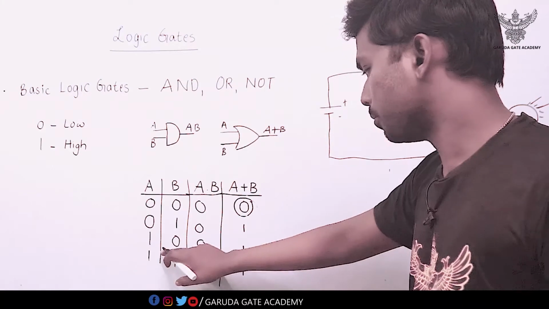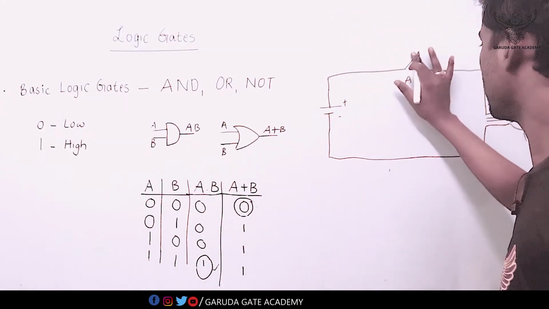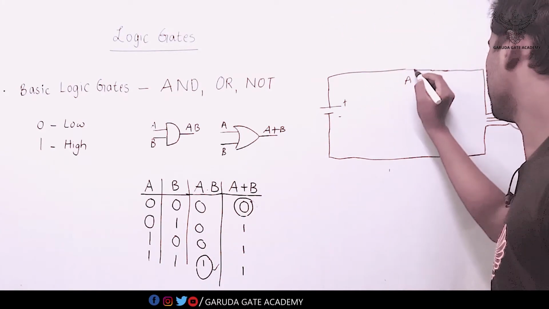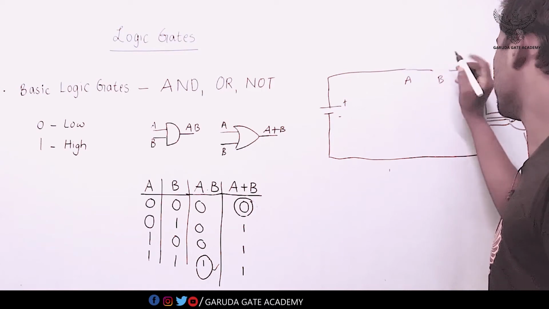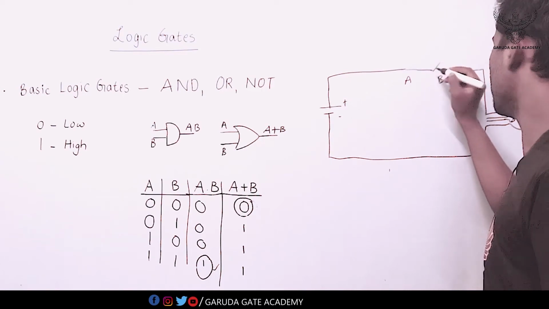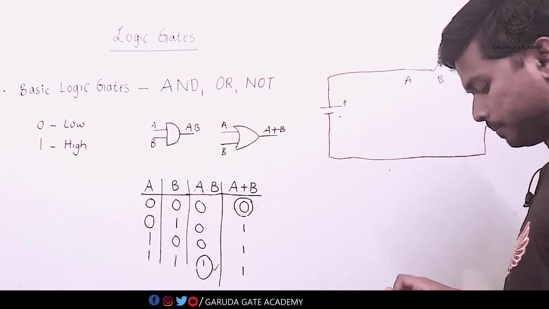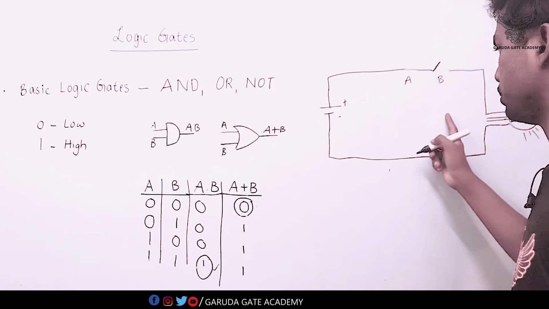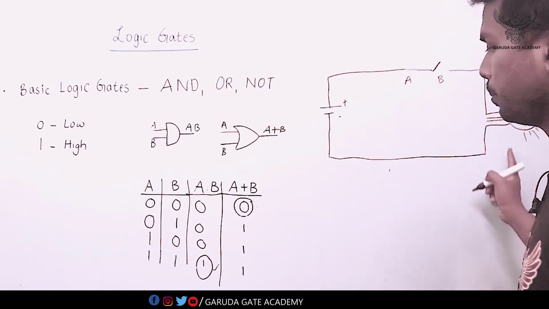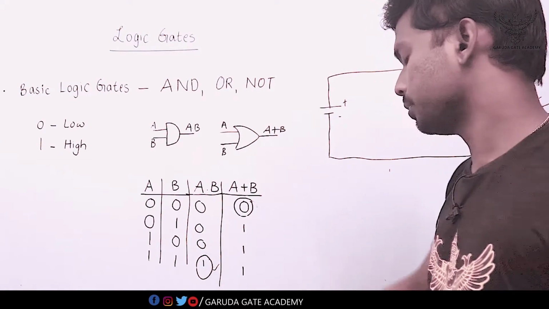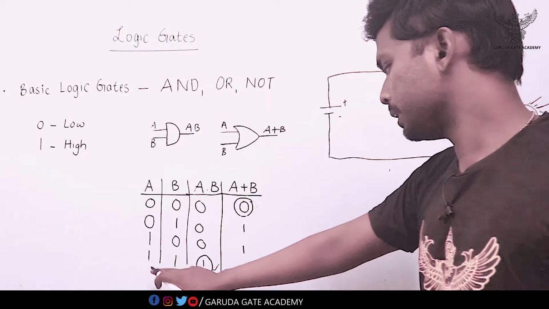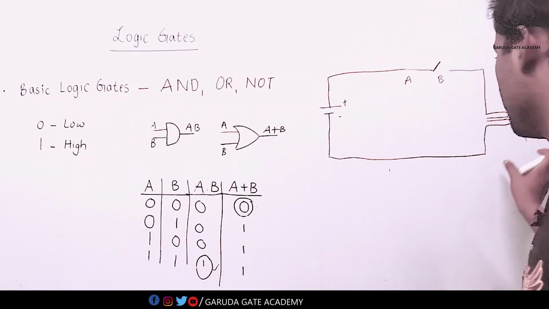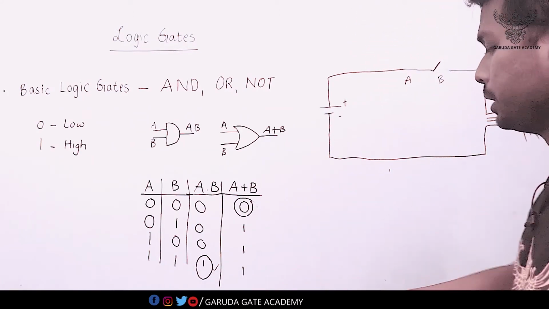Now A is on, B is off. Same problem. Current cannot flow, the bulb will not glow, the output will be 0. So only in this case the bulb will glow, which means the output is 1.